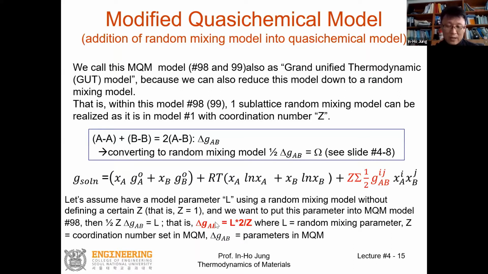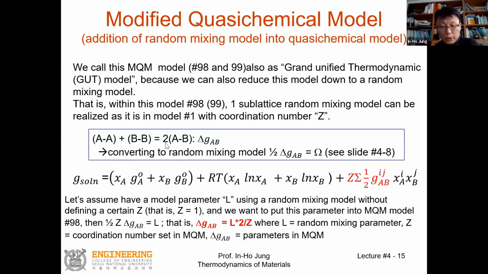I'm sorry, I forgot some parameter there. The real equation you need is this one. This is the modified quasi-chemical model, with the addition of random mixing inside it. There's some explanation here.